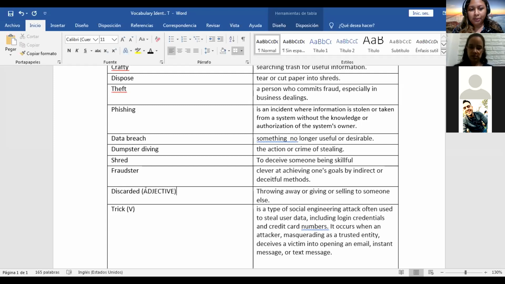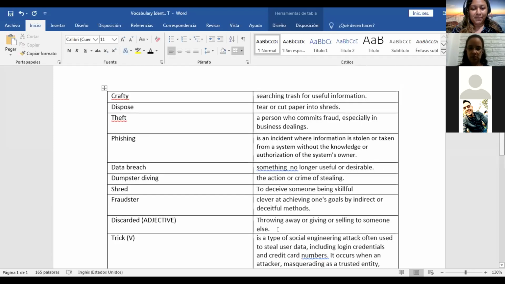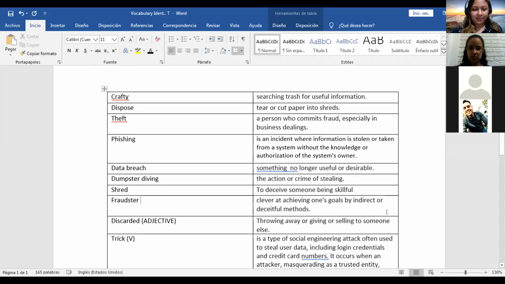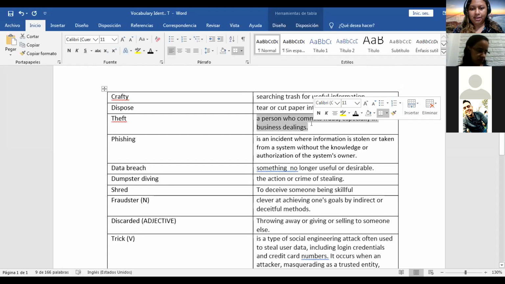Now we have the word fraudster. What's the meaning of the word fraudster? A person who commits fraud, especially in business dealings. So what is fraud? Can you explain that to me?